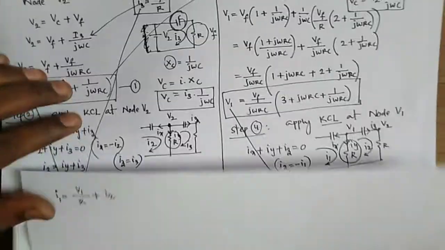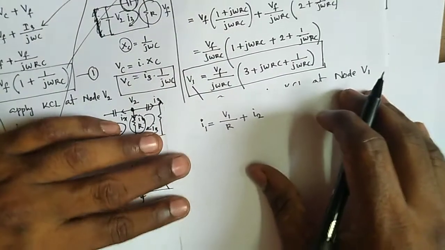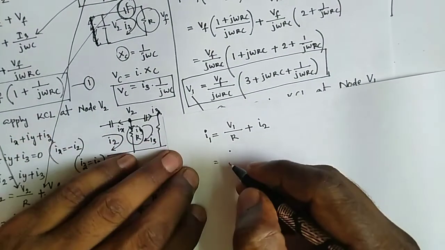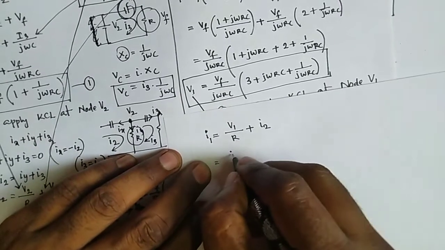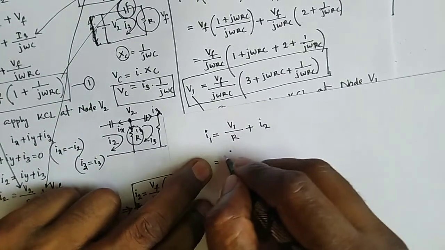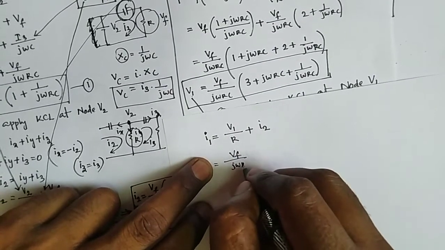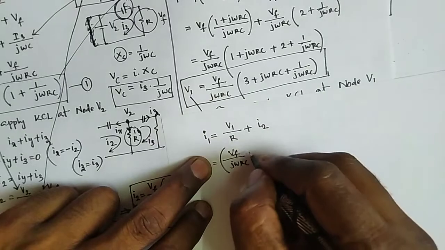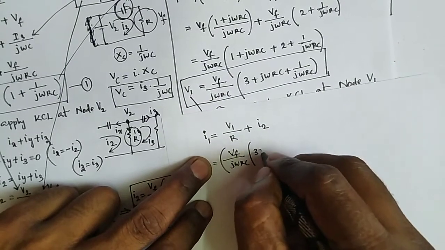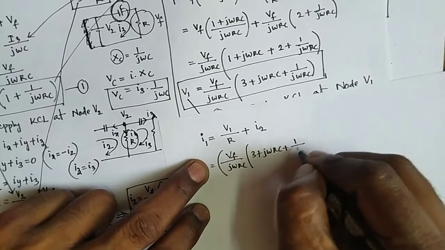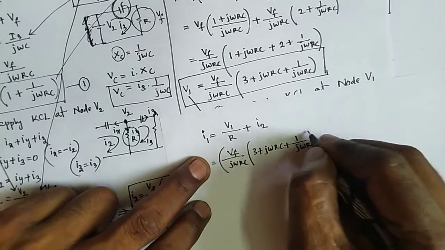You know I1 is equal to V1 by R plus I2. The V1 equation is Vf by j omega RC into 3 plus j omega RC plus 1 by j omega RC.